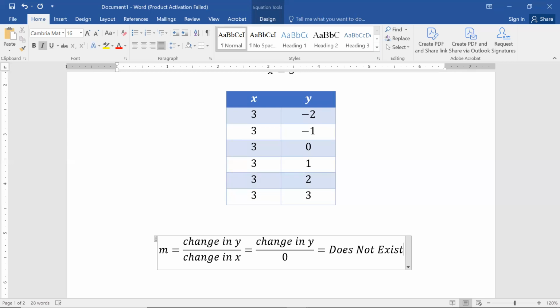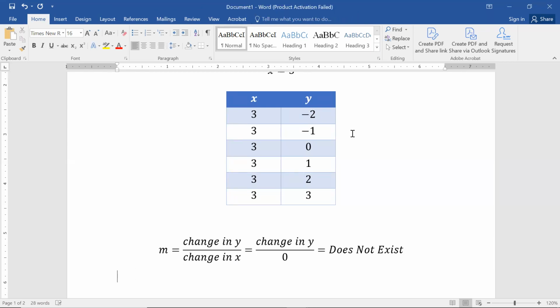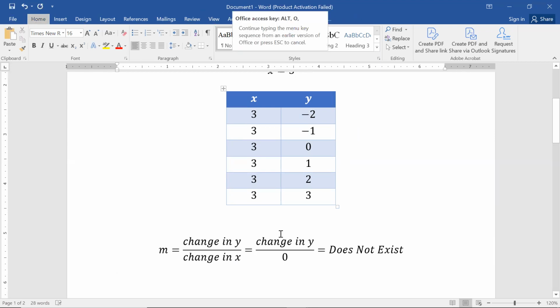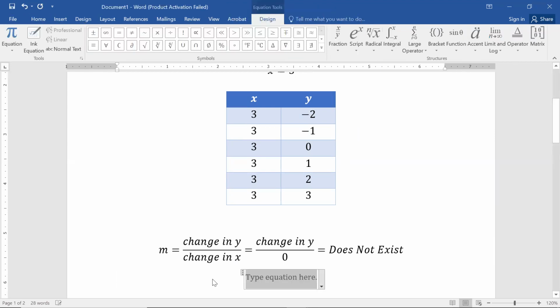Now, others would also imply the slope is infinite, and that idea comes from a concept that you may see if you take calculus.